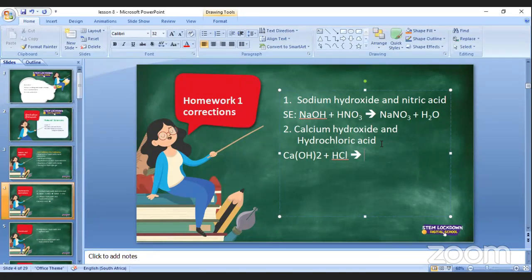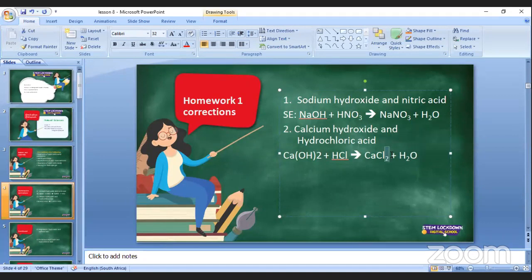It's calcium chloride. Calcium chloride, and water. So there we go. We have calcium chloride, which is the salt that is formed, and then we're getting water after that salt.